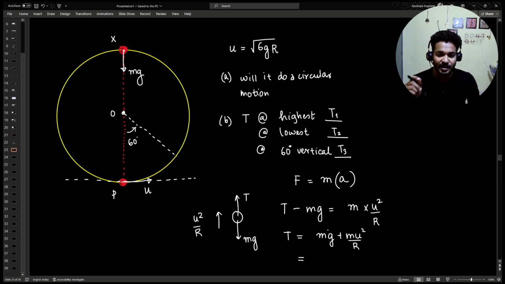Understand the difference. There's a minute difference. So the mass is m, and mu square by r is m by r, and u square would be how much? It is given to us in the question as 6gr, so r cancels, and you get mg plus 6mg, so your tension at the bottommost location is going to be 7 times mg. I hope that makes sense.